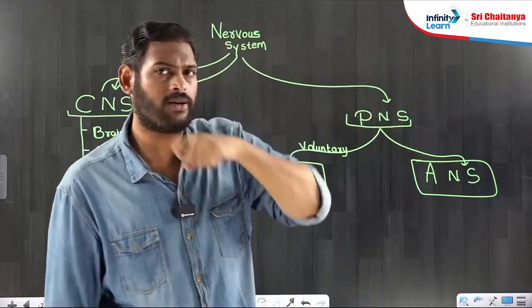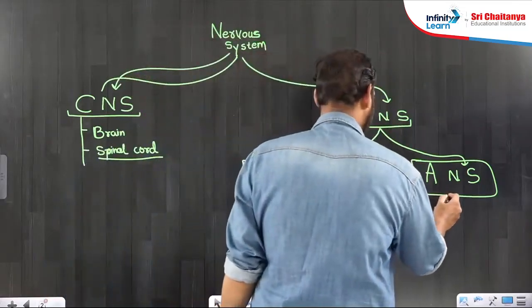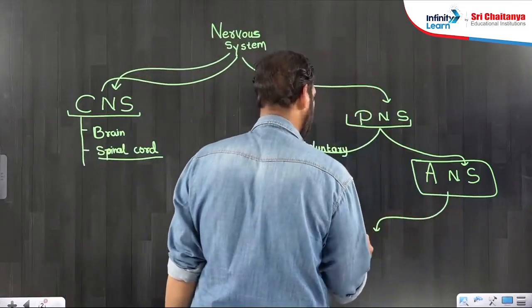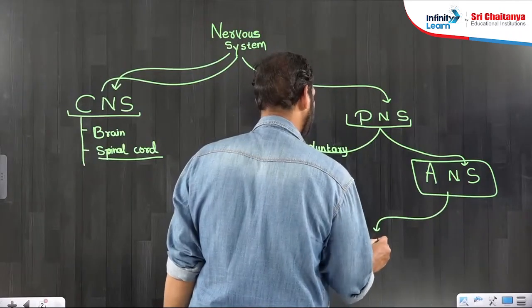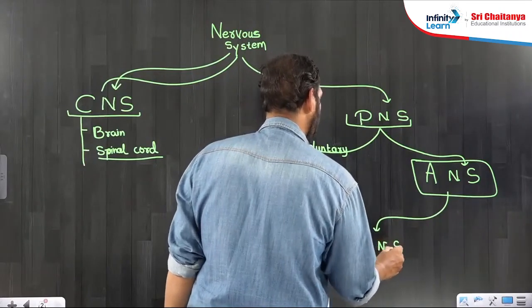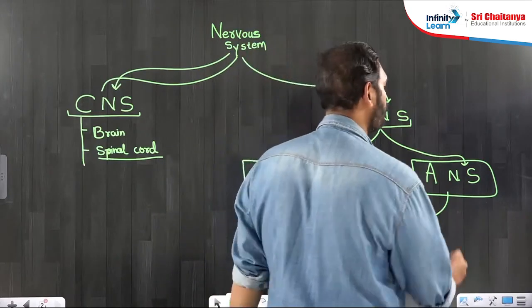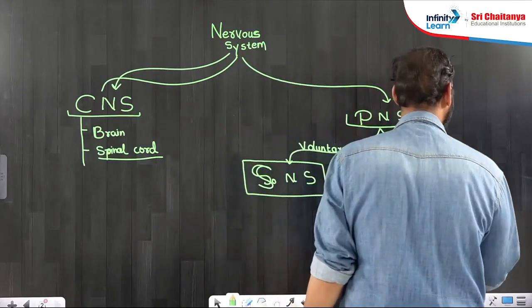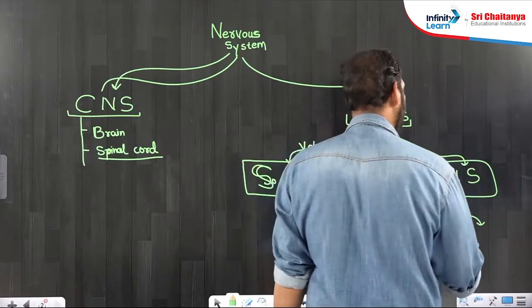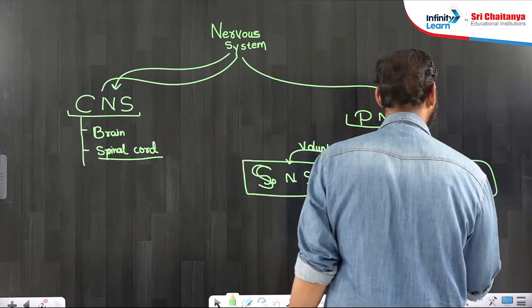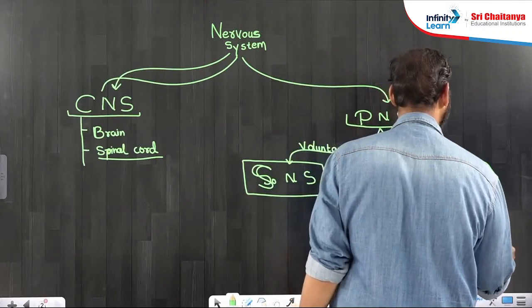The part of the autonomous nervous system which excites your organs is called the sympathetic nervous system, whereas the component of the autonomous nervous system which inhibits your activities is referred to as the parasympathetic nervous system.